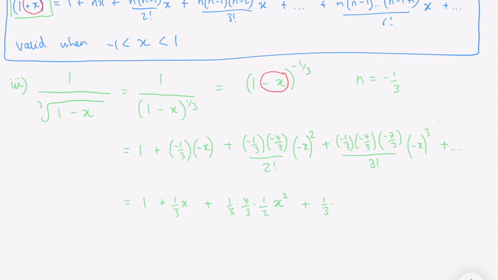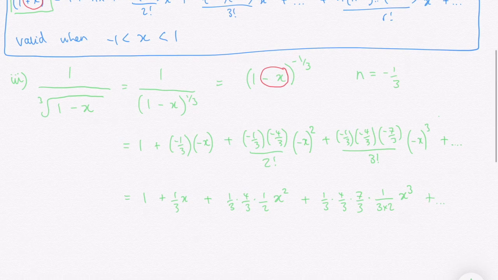So we have a third times 4/3 times 7/3 times 1 over 3 factorial, which is 1 over 3 times 2, and then times by x cubed. And that's not negative x cubed here, because I've used the fact that we are multiplying together 6 negatives, so that's going to be positive.